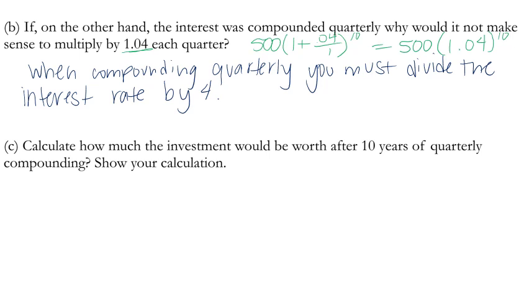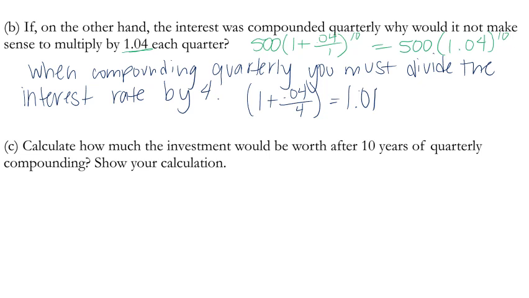So essentially we'd be multiplying by 1 plus 0.04 divided by 4, or 1.01 if you were to calculate that out, okay?